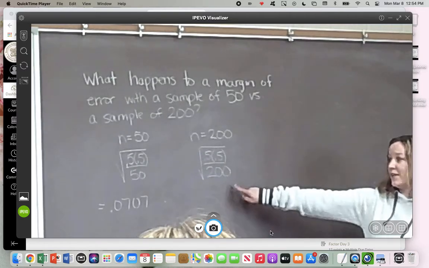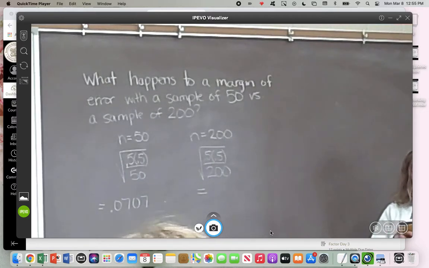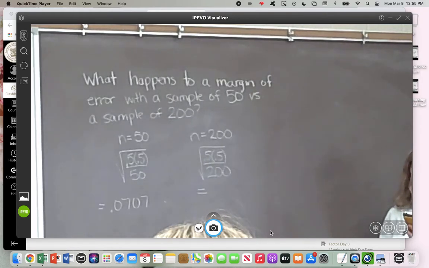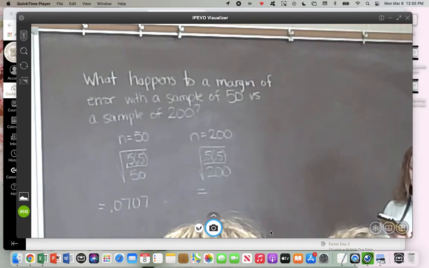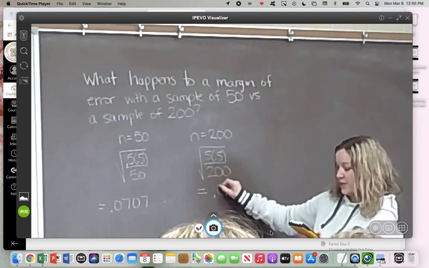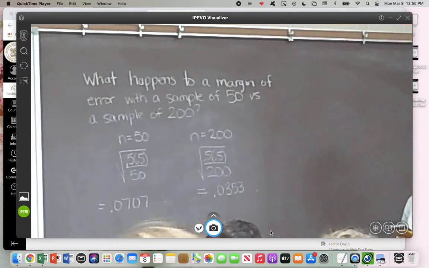All right, now let's do that for this one. Square root of 0.5 times 0.5 divided by 200. What do we get for that? 0.0353 and some more stuff.